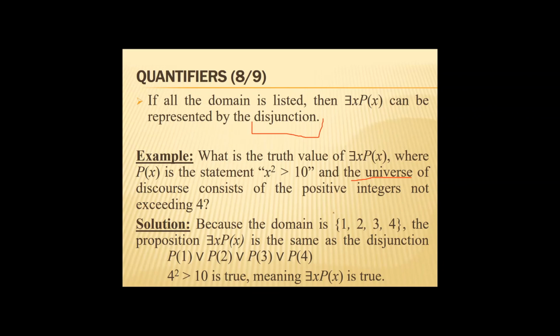So this is my set, and I need to apply each and every one to get at least one true. All right, x squared greater than 10. 1 squared is less than 10. 2 squared is less than 10. 3 squared is less than 10. However, 4 squared is 16, greater than 10. So this is true, and it's enough to make the whole ORing operation true, and that makes the existential quantifier true in this case.